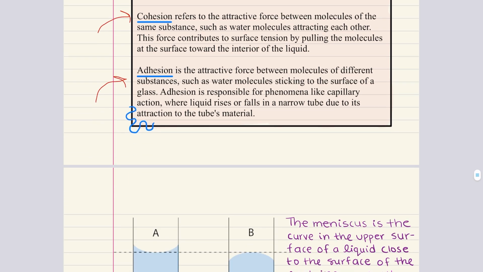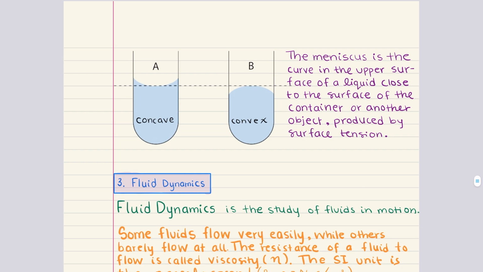Now, this leads us to discuss the meniscus. This is the curve that's observed at the surface of a liquid in a container, and it results from the balance between cohesive and adhesive forces. In a concave meniscus, what we see here is that adhesion to the glass is stronger than cohesion between water molecules.